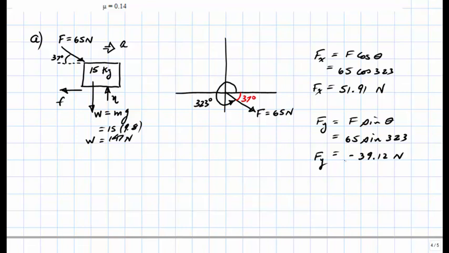In part B, we would like to determine the magnitude of the normal force, which is right here. And in order to do that, we're going to apply Newton's second law along the y direction.